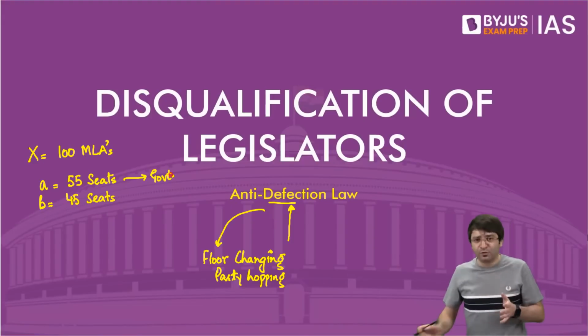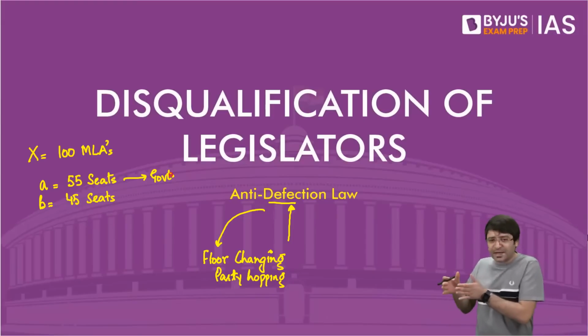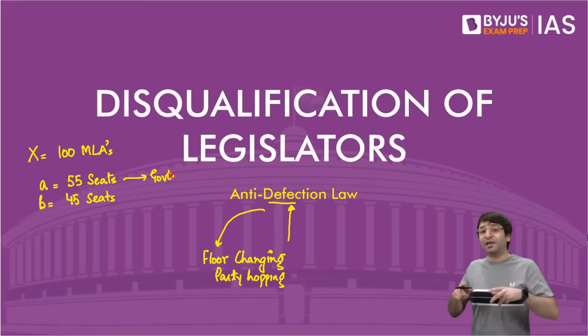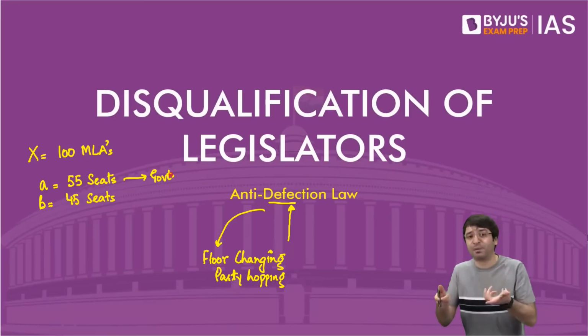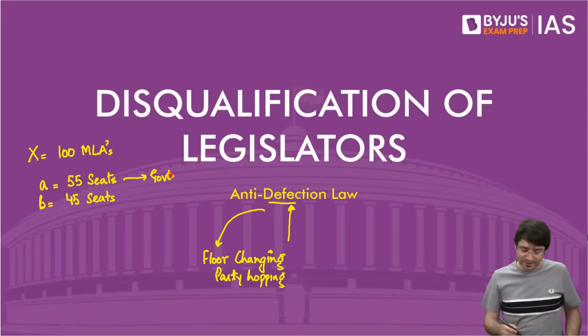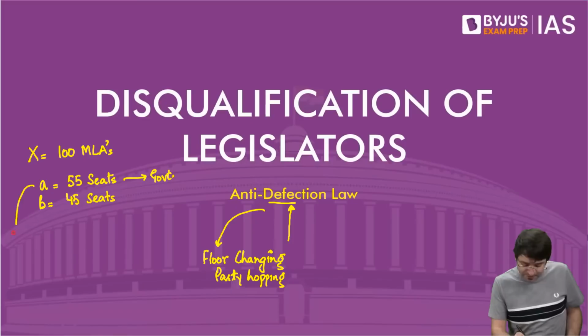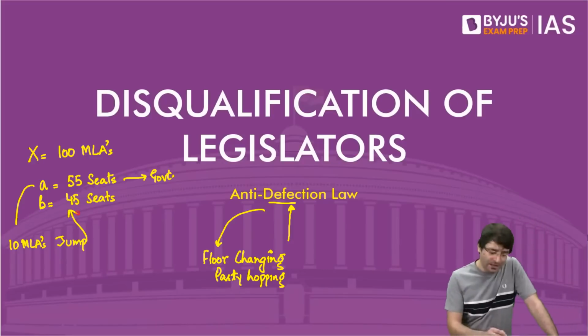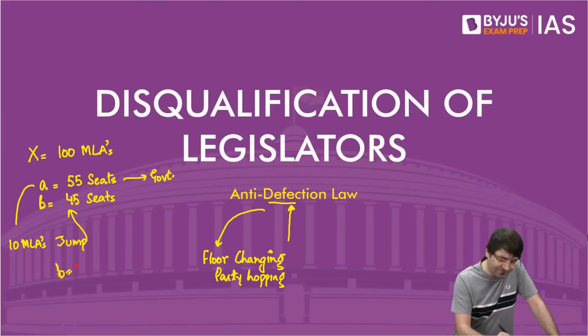So what I will do, me, along with some of my colleagues who were also expecting ministerial positions. Now what we do, we defect. We change the party. We cross the floor. And let's say 10 of these MLAs jump to party B. Now party B has 55 seats.